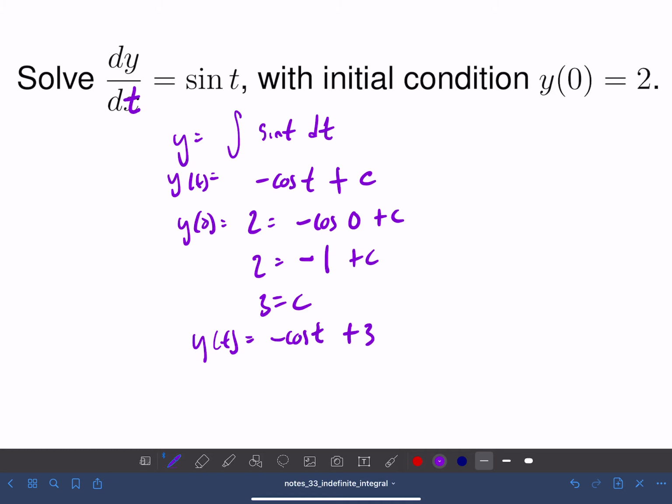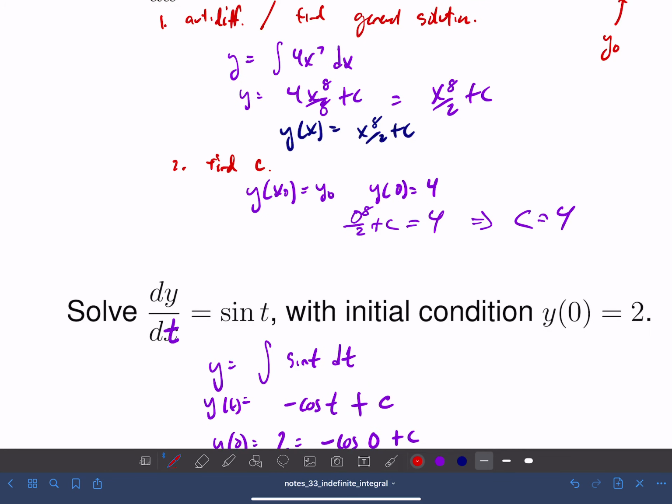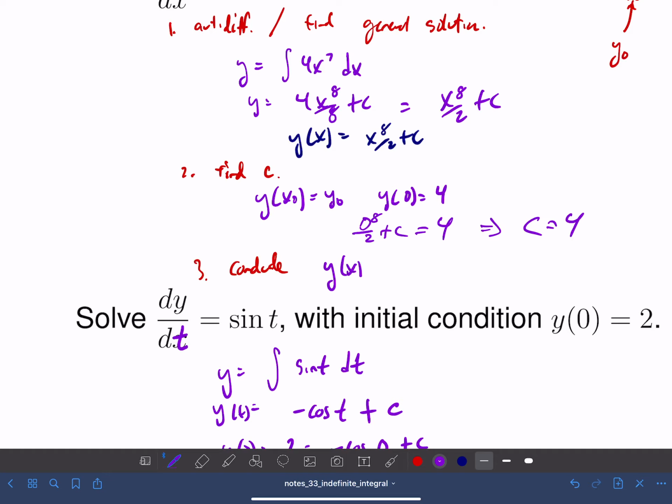I think I didn't go the distance in the previous problem. I found c, and I think that I need to conclude. I need to write y of x equals x to the 8 over 2 plus 4. That's my solution. Then I'm done. Me just stopping there wasn't enough.